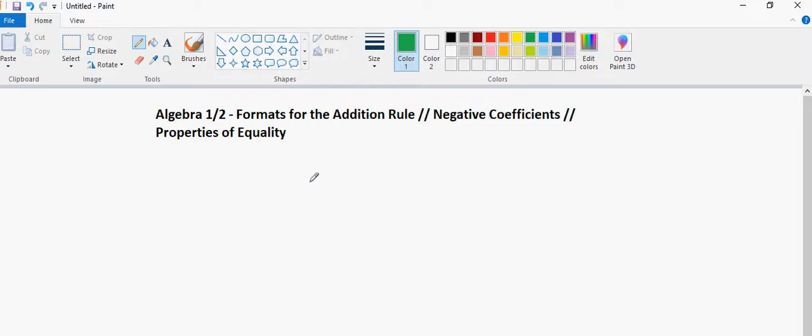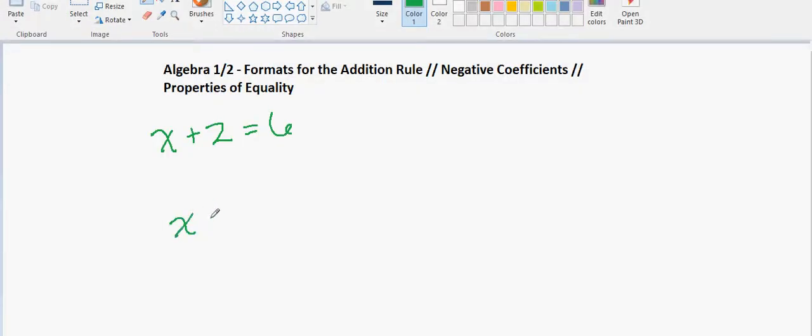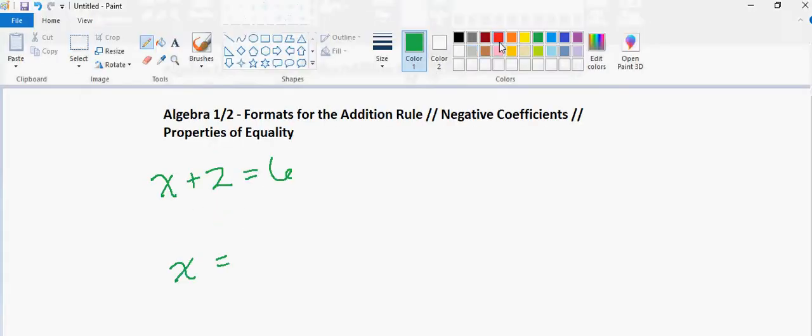Now, the same quantity can be added to both sides of an equal sign to solve for, in this case, x in an equation. To get to x equals, I can subtract 2 from both sides, similar to when we divided each side by the same coefficient, or multiplied both sides by a reciprocal.